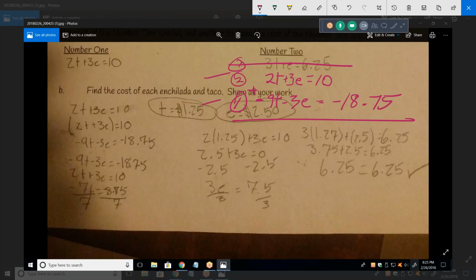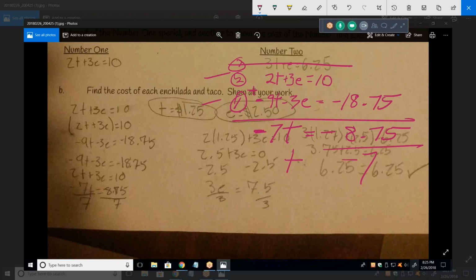What you're going to do is add the two equations, and when you do that, the e's cancel out. So what I'm left with is minus 7t on the left and minus 8.75 on the right. And now I can solve for t. T is that divided by minus 7.